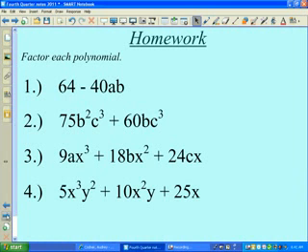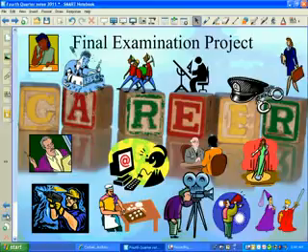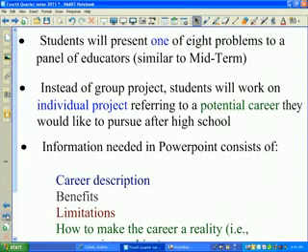So for students that had me before, I want to explain what the final exam project is. For the final exam, they get a packet of 8 problems before final exams. Okay, it's very similar to what I did for midterms.